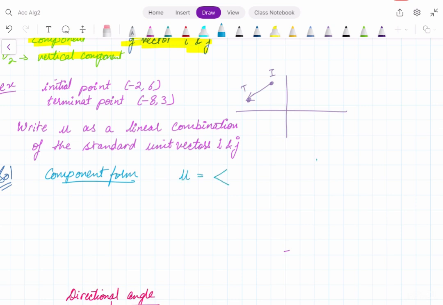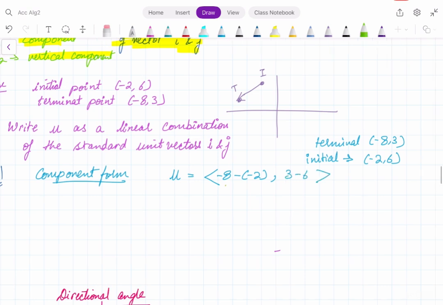So can I say initial is (negative 2, 6) and the terminal is (negative 8, 3). So I rewrote it. So can I say x2 minus x1? So negative 8 minus negative 2. And y2 minus y1, 3 minus 6. That will give you the component, right? So x2 minus x1, y2 minus y1.